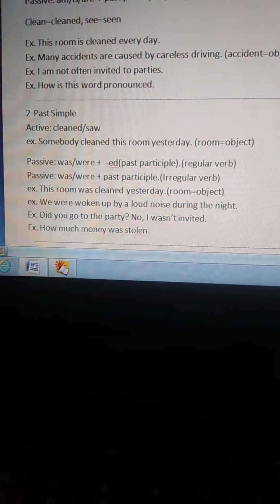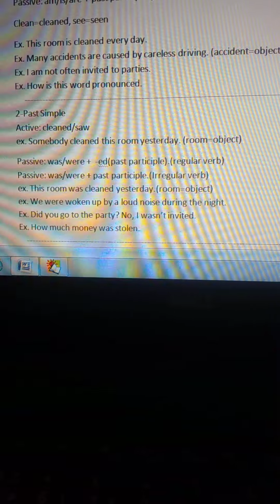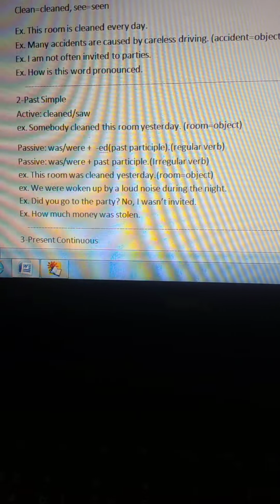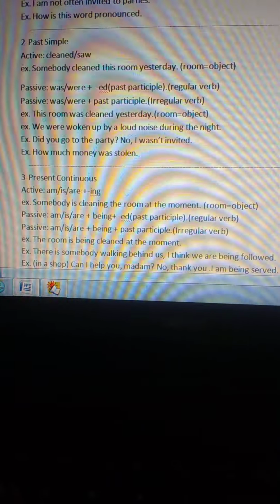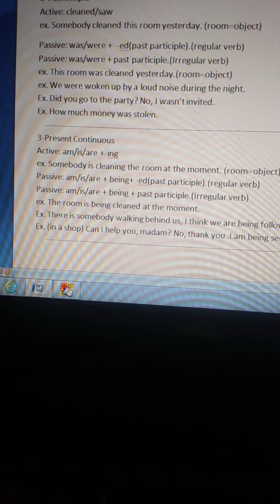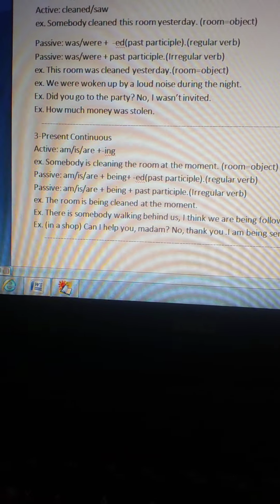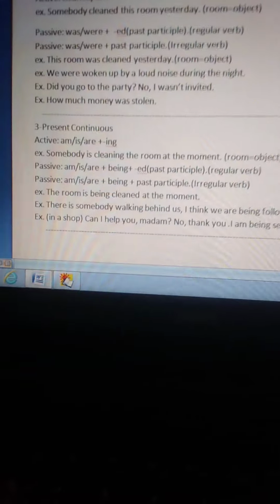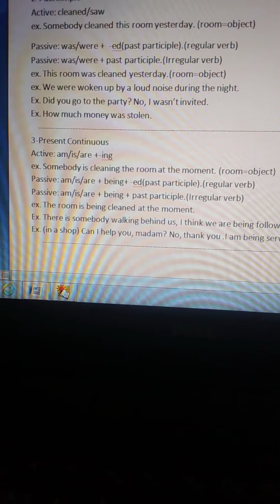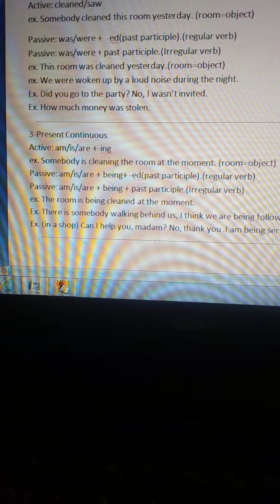Number 2, past simple. Active: clean, show. Somebody cleaned this room yesterday.